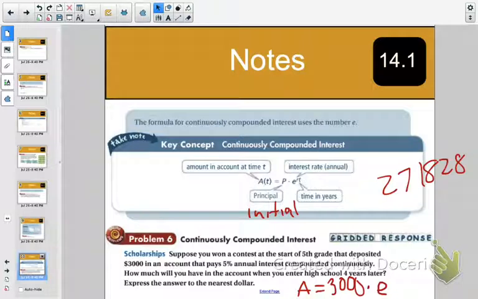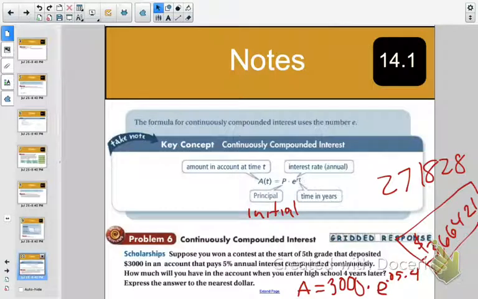Your interest rate would be 5%, so 0.05, times t, which is 4 years later. And then you can just type that in your calculator. And what do we get? I got 3,664.21. Whenever you're working with money, you always want to round to the nearest cent.